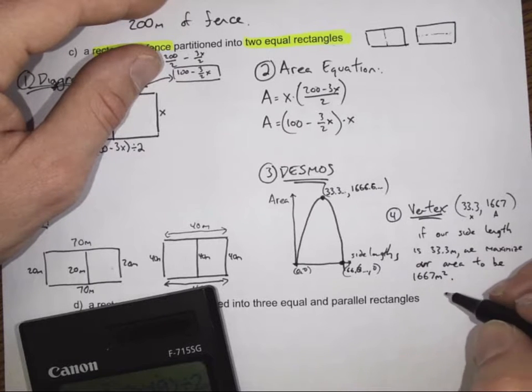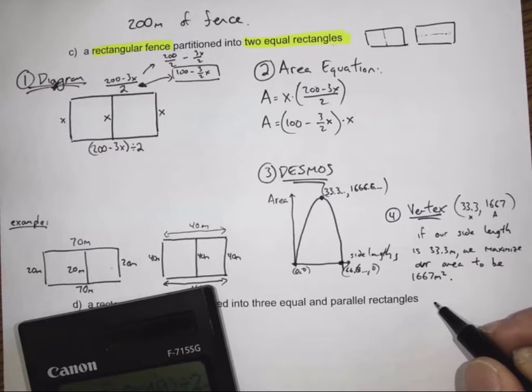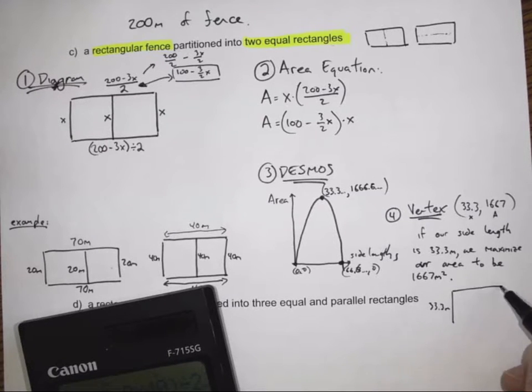Okay, and then the dimensions of this fence would be, I guess, 33.3 meters in this direction, 3 times.